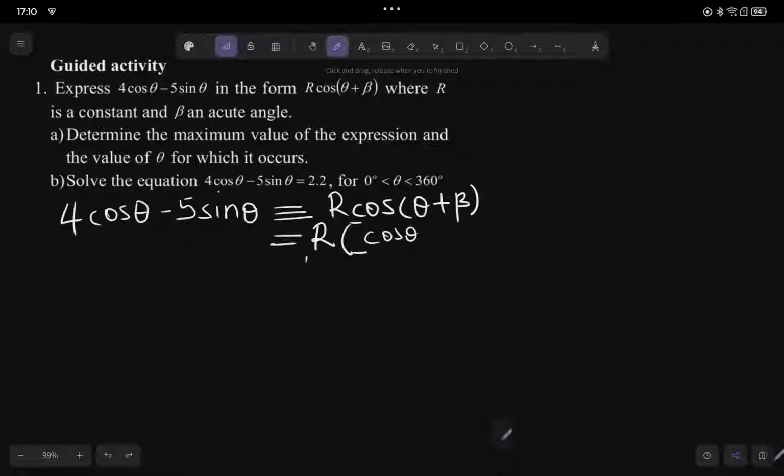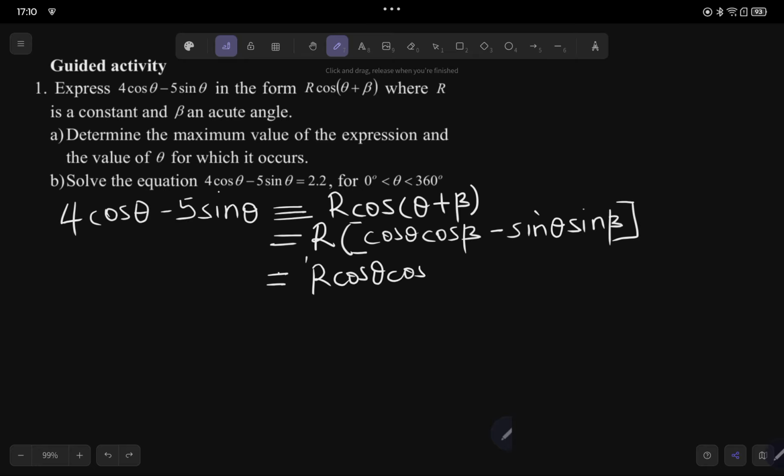It will be cos theta cos beta minus sin theta sin beta. When we open that bracket, we get r cos theta cos beta minus r sin theta sin beta.